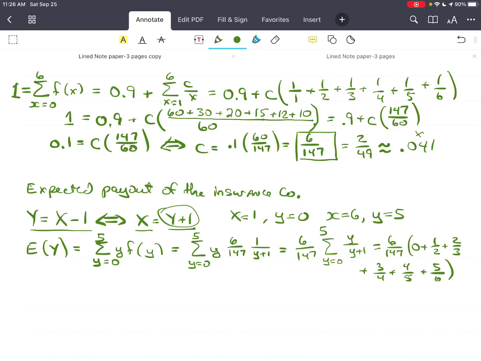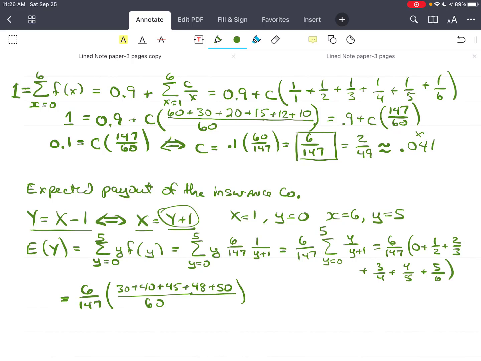Again, we need a common denominator. It's going to be 60 if we want to use a least common denominator. So we have 6 over 147 times 60 here, and so this is going to be 30 plus 40 plus 45 plus 48 plus 50.